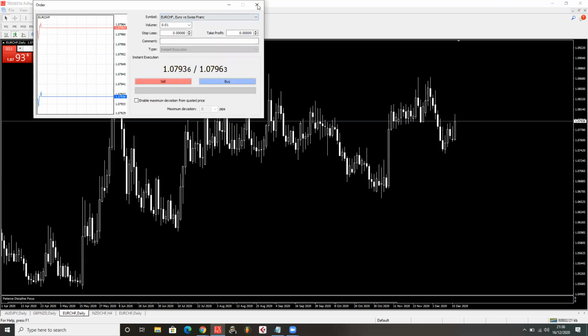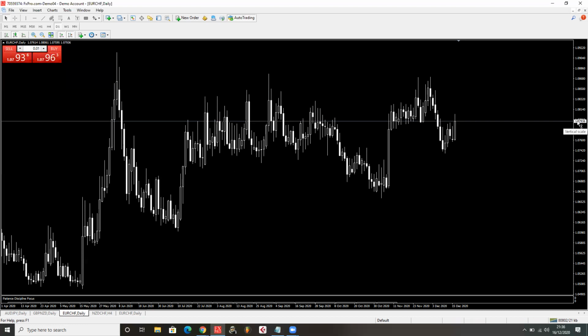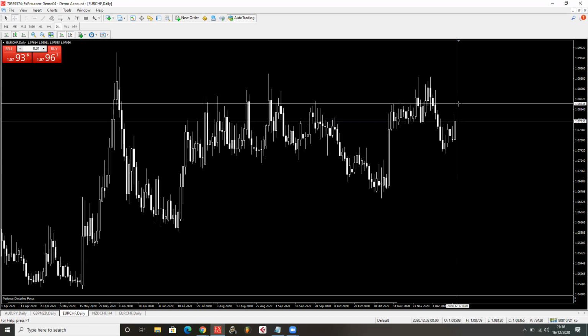So, for example, if you look at this place, this is what the current price is, 1.07936. If you're selling, you're going to sell exactly from this point. If you're buying, it's going to buy from 1.07963.